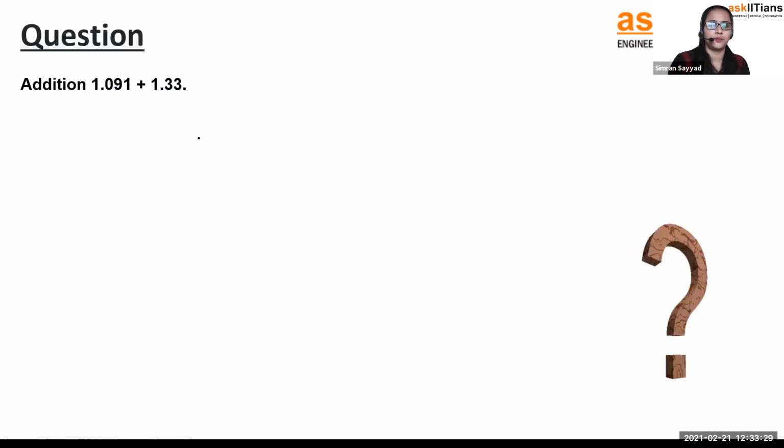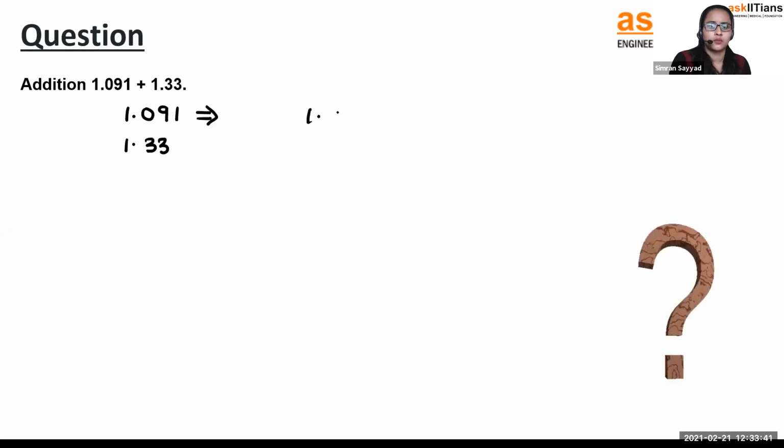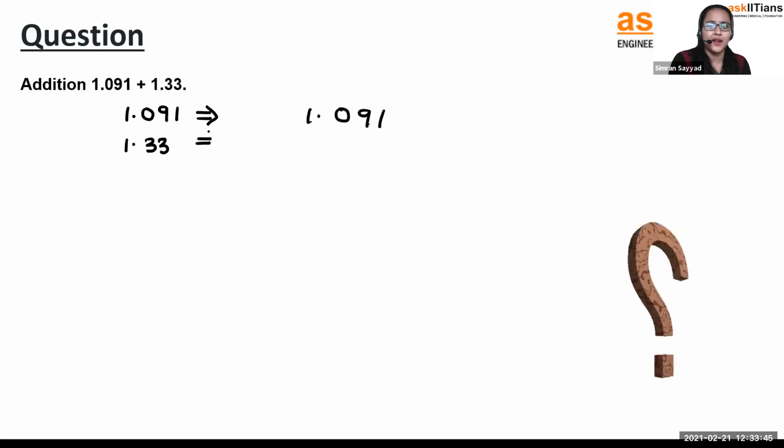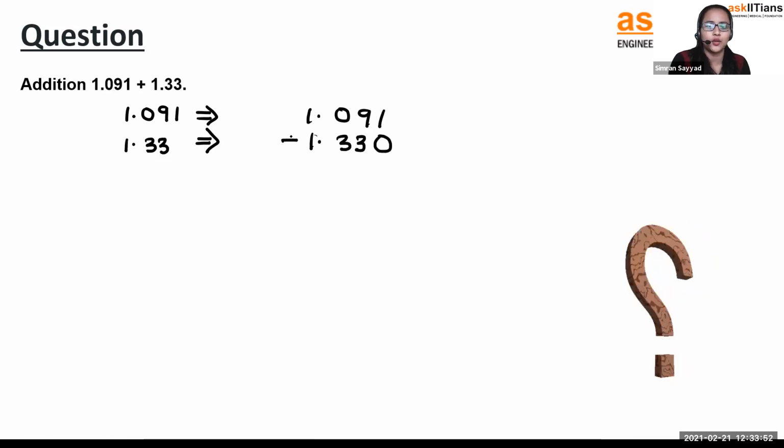Okay, we have one more question. Let's just quickly solve it. 1.091 and 1.33. Are the numbers matching? So 1.091 will remain as it is, but for 1.33, what do we have to do? We have to add a 0 and then add it.